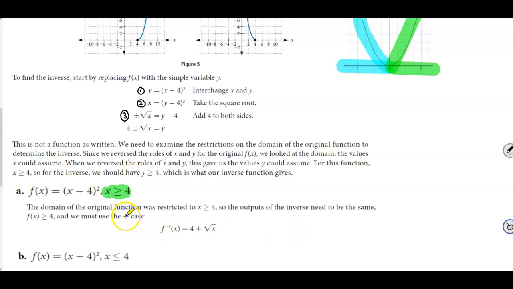That means we're looking at the positive case, and that's why f inverse of x is 4 plus the square root of x.